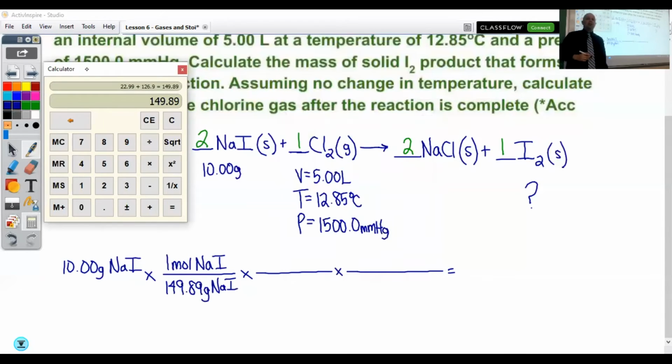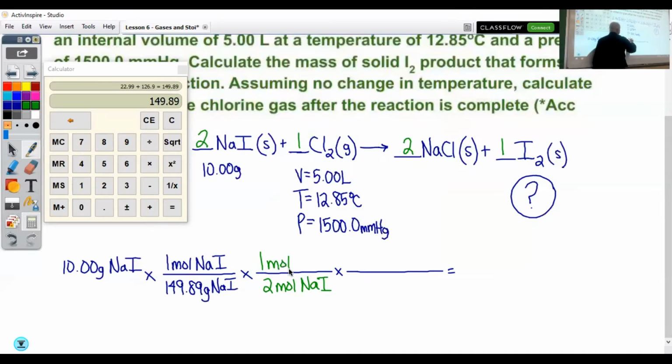In our next fraction, we're going to convert from sodium iodide into what we're looking for down here, which is I2. So using the mole ratio from the balanced equation, we have 2 moles of sodium iodide on the bottom. We have 1 mole of I2 on top.